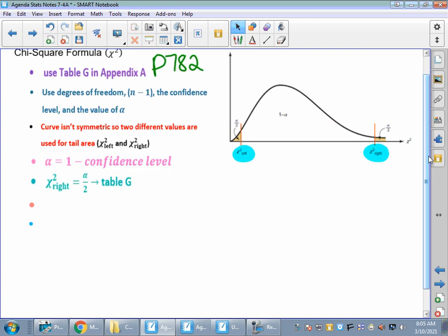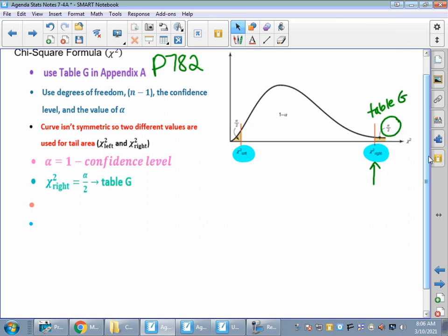So here's what we do. To find chi-square right, this value over here, we just take our alpha over 2 and we go to table G. If you look at the chi-square table on page 782, it shows that the area is shaded to the right. So it's unusual, it's opposite from what we do. So we just look up in table G whatever our alpha over 2 value is.